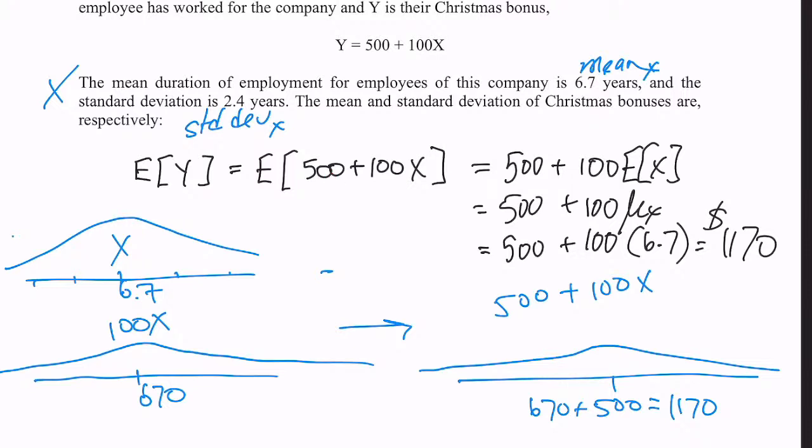Do both of them affect the variance? Did the variance change? Is it bigger or smaller?